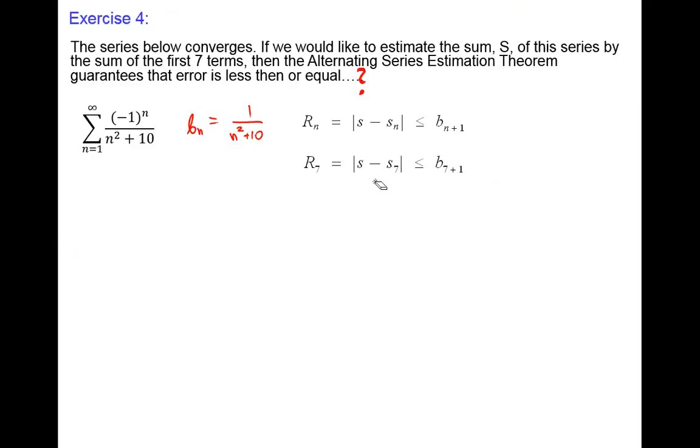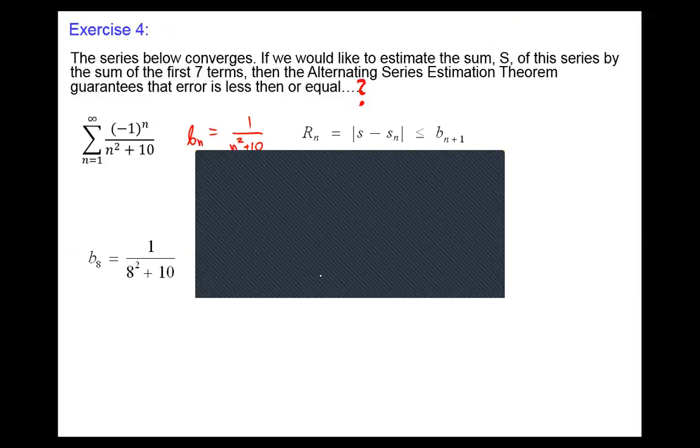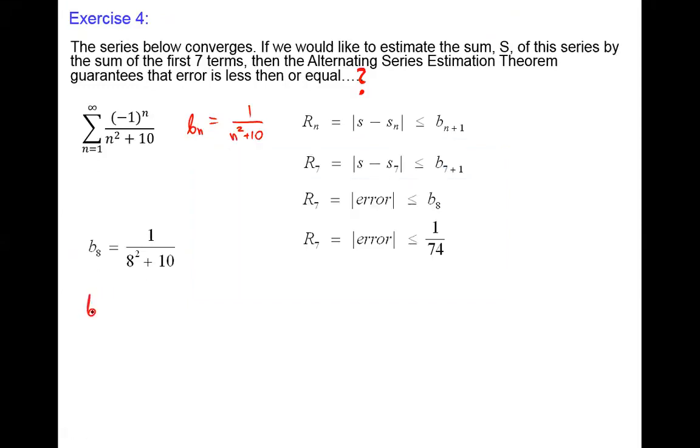And we know that again, the magnitude of the error is less than the magnitude of the first term that is not included, which will be 8. Okay? That means the error is definitely less than or equal to b sub 8. And it's just enough to compute the b sub 8 term. That means b sub 8 will be 1 over 8 squared plus 10. 8 squared is 64, plus 10, 1 over 74.